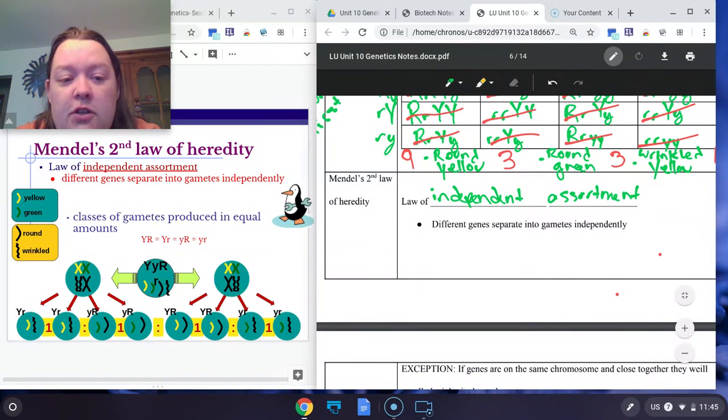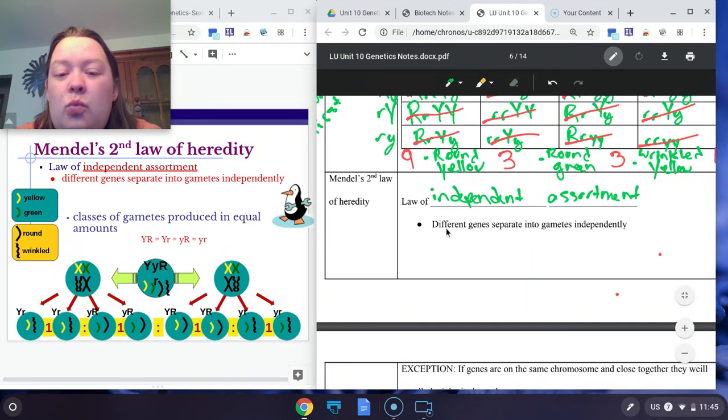So each specific gene is inherited independently from one another. Just knowing that your genes are not held together, each one is inherited independently.